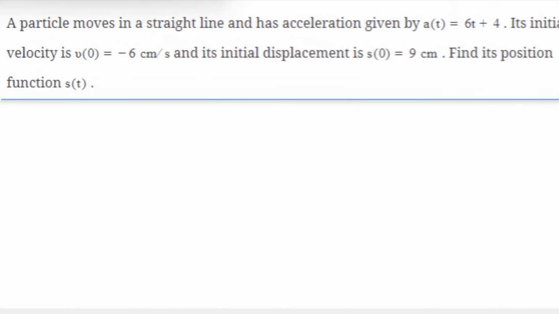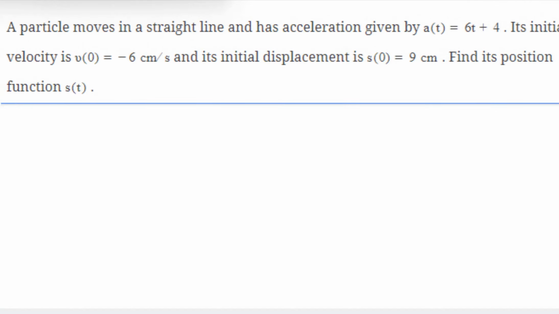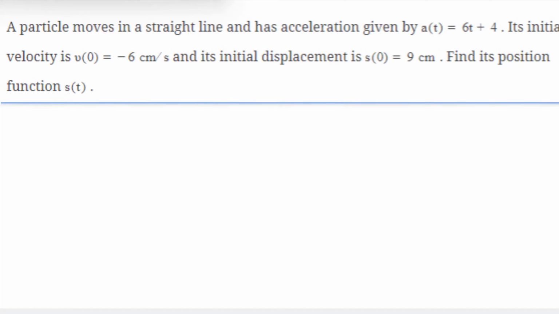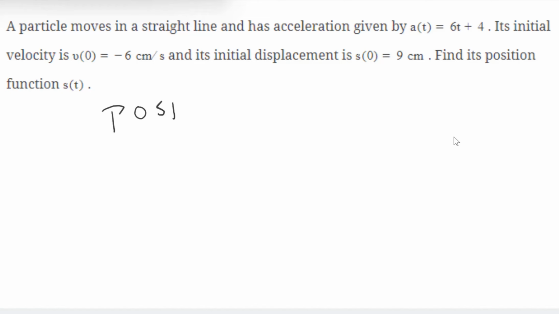So remember, when we're looking at particle movements with acceleration, velocity, and those things, your position, or s of t.